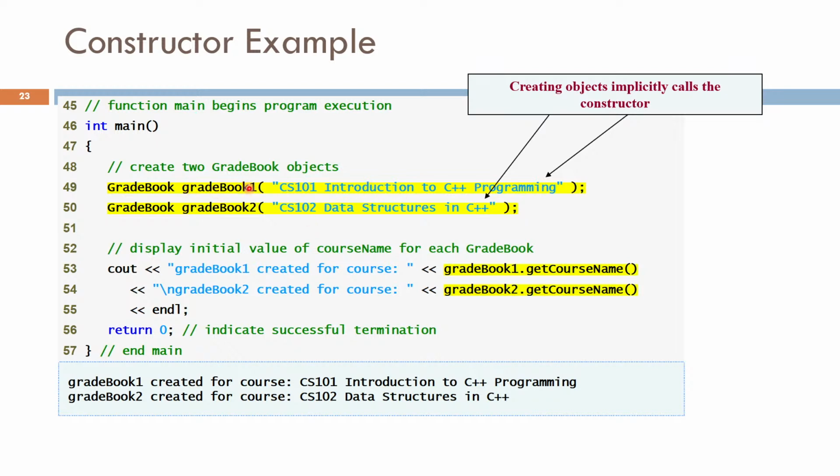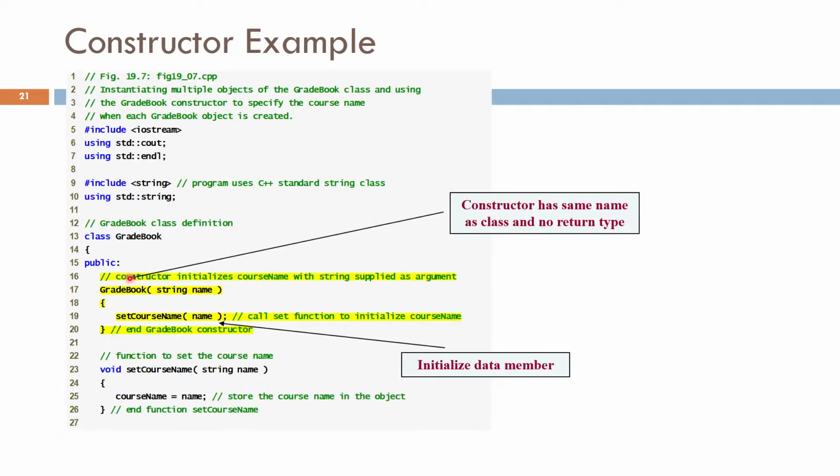I'm just going to give the example with respect to gradebook 1. Once we have gradebook 1 being created in our main function, creation of gradebook 1 automatically calls our constructor for the gradebook class data type.